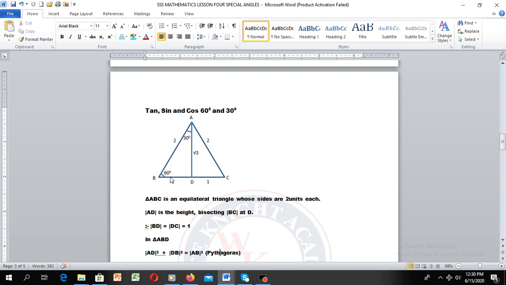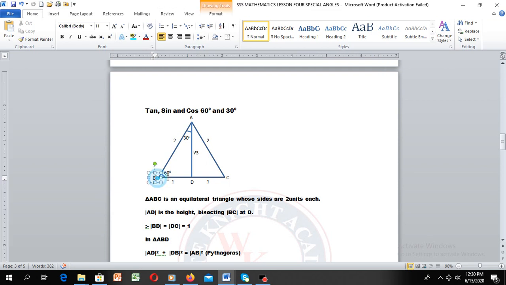And in this case, the adjacent sides of triangle ABD are side BD, which is 1 unit in length. Then side AD is also another adjacent side, but we don't know it yet. We want to determine it.